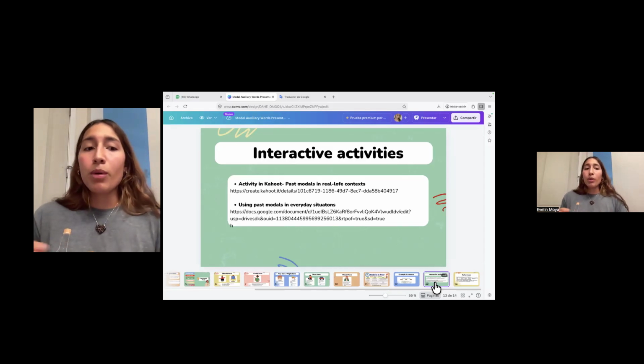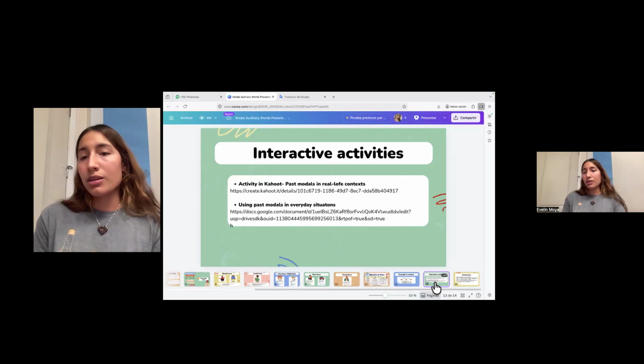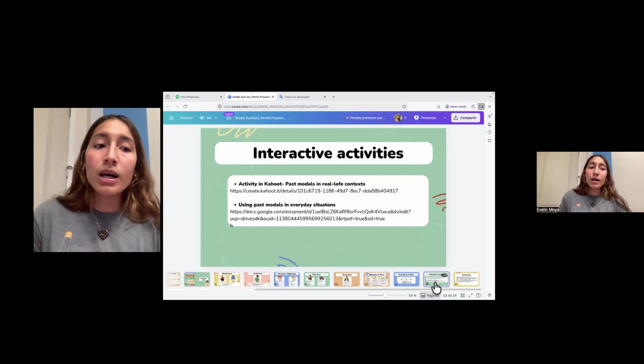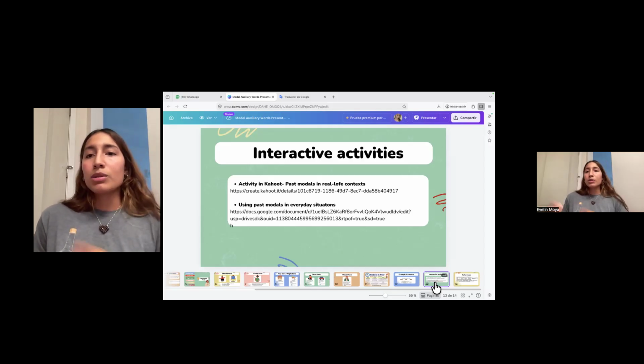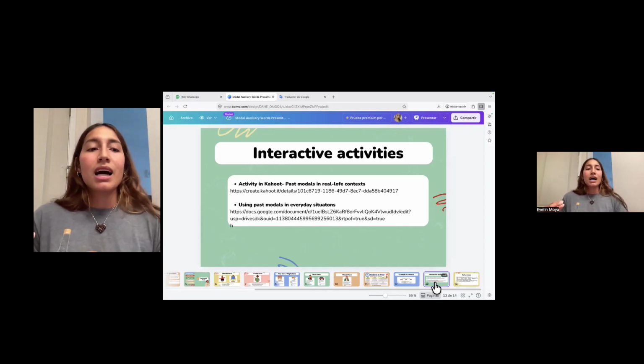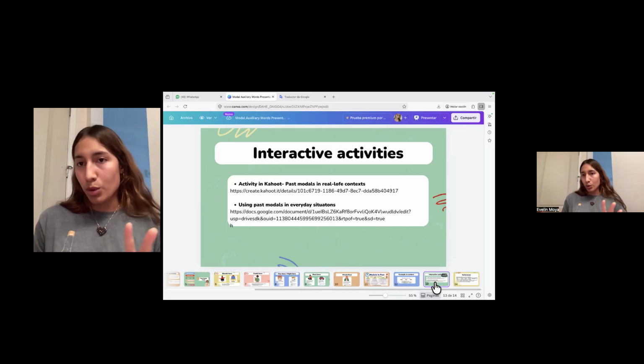The first activity involves selecting the correct answer based on the situation described in the question on the Kahoot interactive platform. And the second one involves providing different possible responses to a given situation using the past modals.